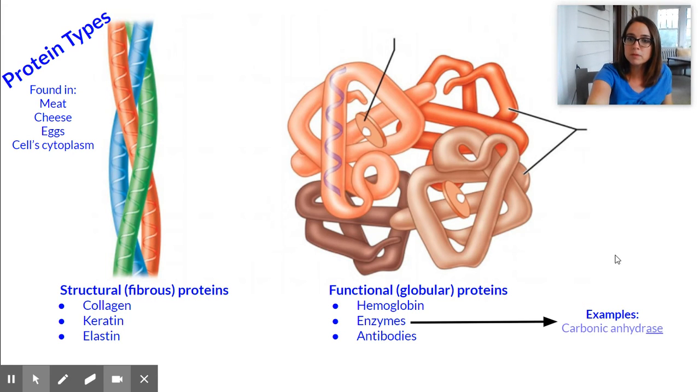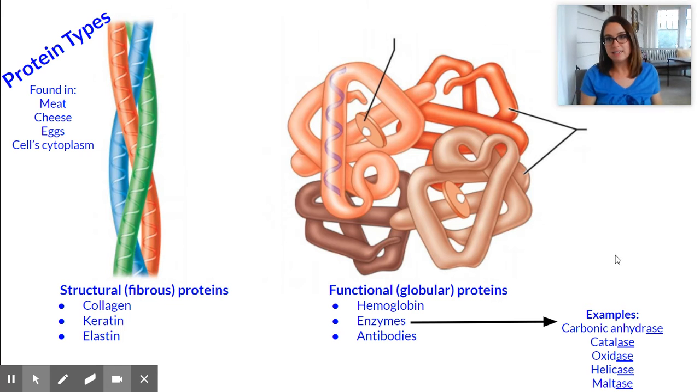But some examples, we have carbonic anhydrase, catalase, oxidase, helicase, maltase. Do you see a trend here? They all end in "ase." If you ever see a science word and it ends in "ase," you can almost always know that it is an enzyme.